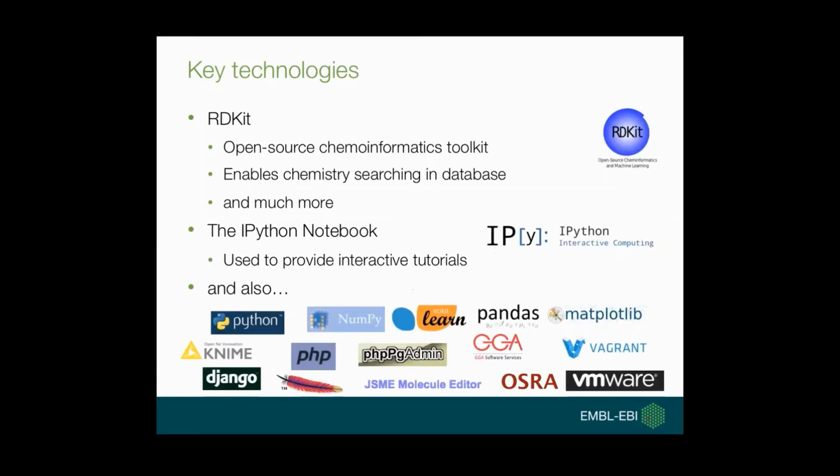Further on, I mentioned RDKit. RDKit is an open source cheminformatics toolkit. This is at the heart of myChEMBL. It deals with the chemical searches via its own cartridge, a Postgres cartridge in the Postgres database. But it also has a lot of other functionality.